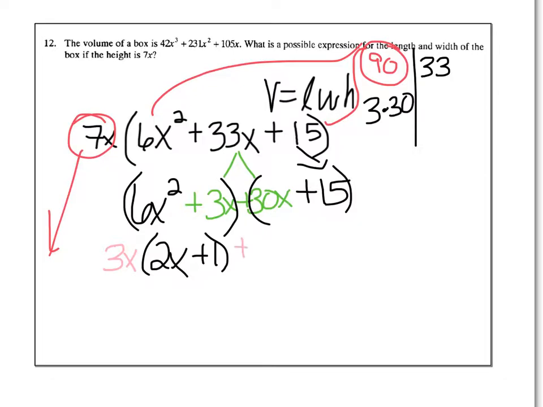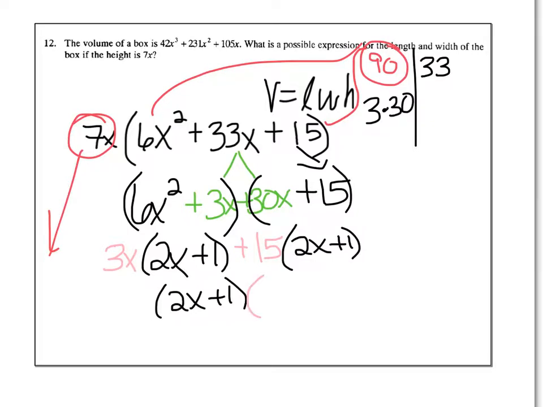Second parenthesis, we've got 30x and 15. I can take out a 15 from them. And I'm left with 2x plus 1. So one of the factors would be 2x plus 1.